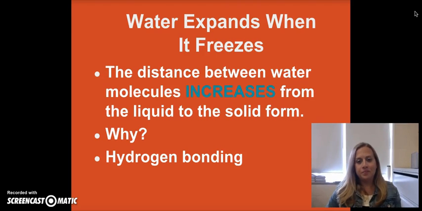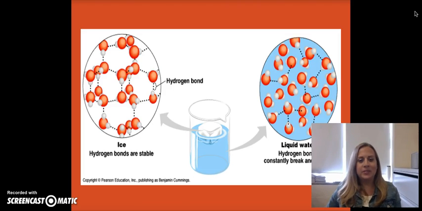Next, we know that water expands when it freezes, and this means that the distance between water molecules actually increases as it goes from liquid to solid form, and you guessed it, it's because of hydrogen bonding.